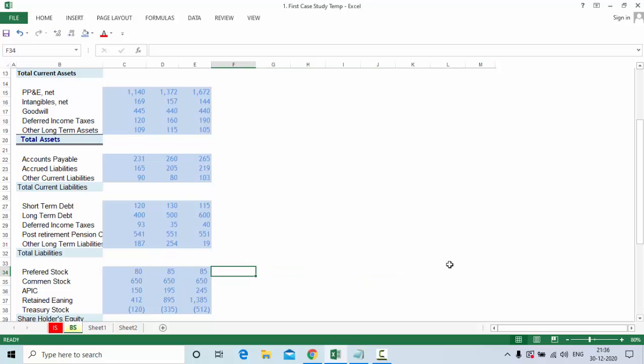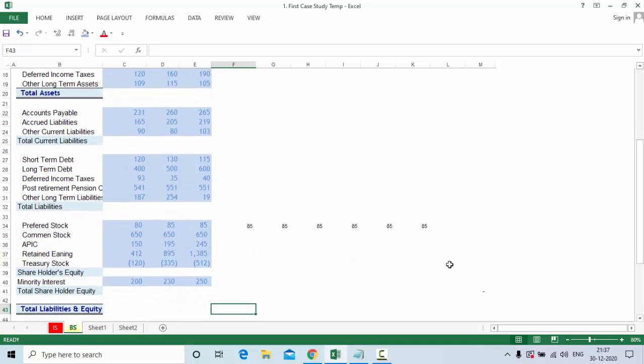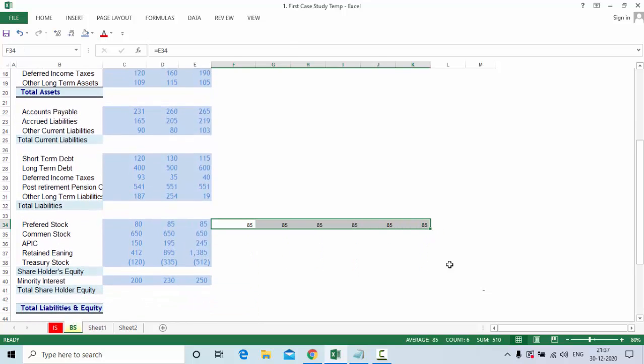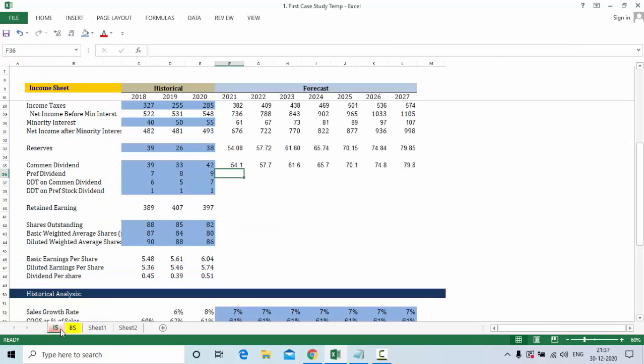So let us keep preference stock constant in our model. We think that preference stock was constant in the last 2 years. So there will be no increase or decrease in the preference stock in the balance sheet. If you have certain information about the preference stock in future, you can surely update that and accordingly you can take the assumption. So let me come back to income statement.